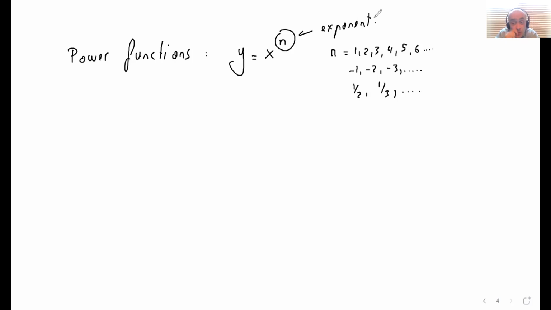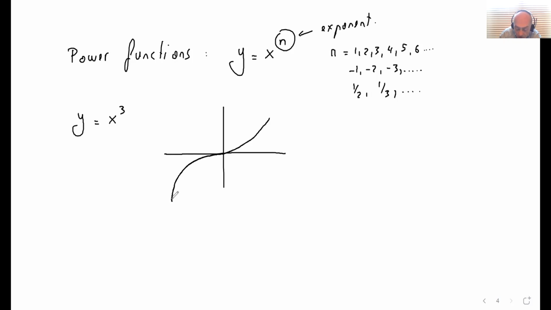Different exponents produce different results, and they're quite different. So, for example, when n equals 2, we just studied that, that is the square function, but when n equals 3, for example, this one, y equals x cubed, will have a nice graphical shape that looks something like this.